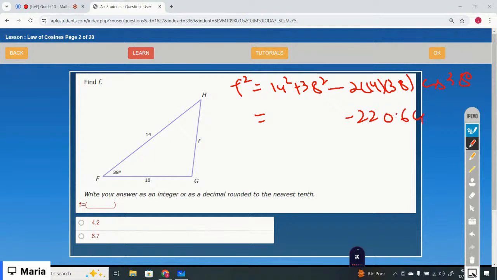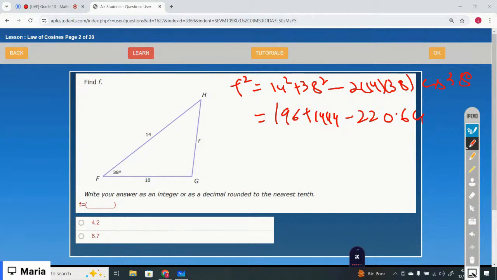So you have to do 14 square, that is 196, plus 38 square, that is 1444. So just add 196 plus 1444, 1640, minus 220.64.